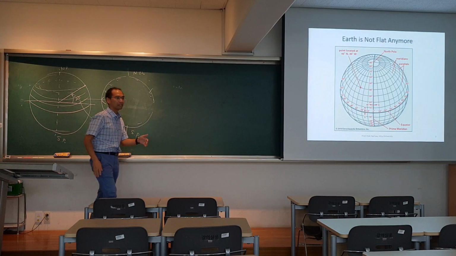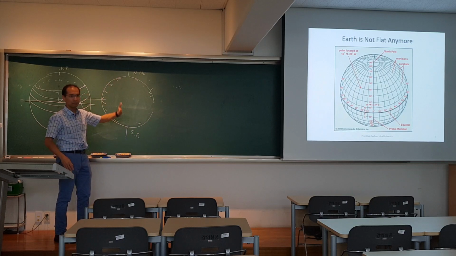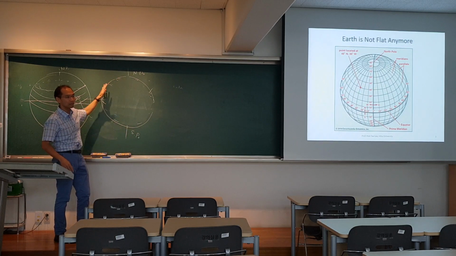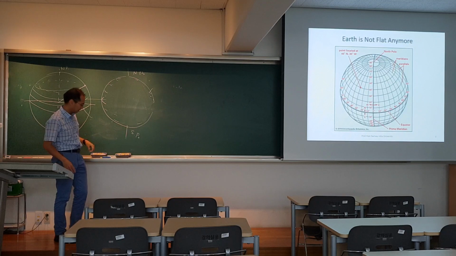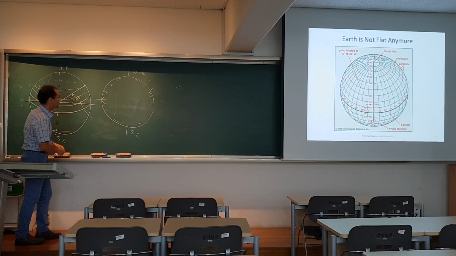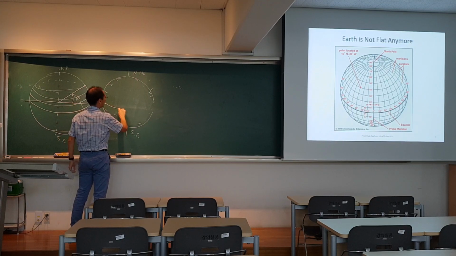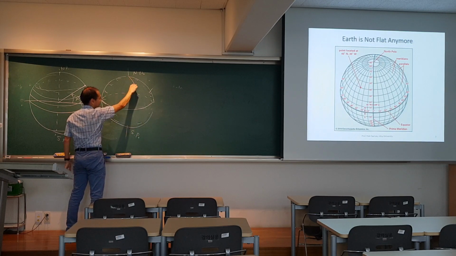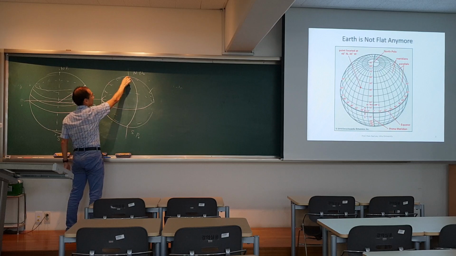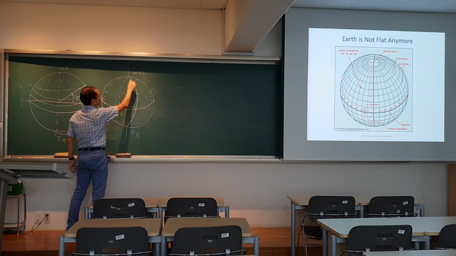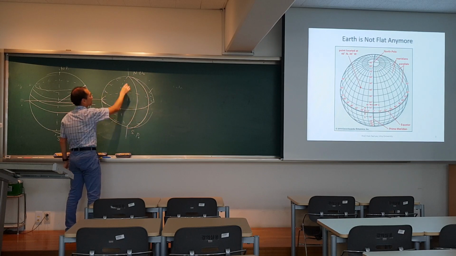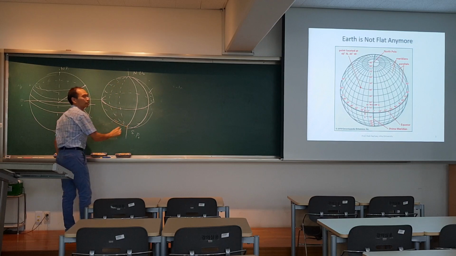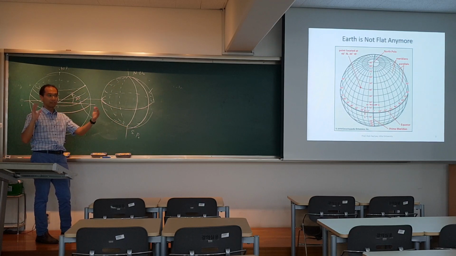So in that case, however you cut, it's gonna be the big circle. So this is the equator. Whether you cut like this, or you cut like this, it's gonna be the same size circle.